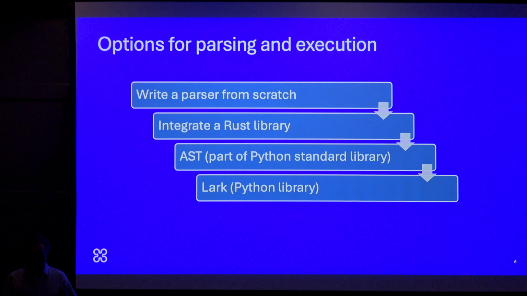Right? So here are the options we looked at for making this. So first of all, we could go and implement the language ourselves, right, from scratch. Second of all, we could integrate some kind of Rust library, which is fashionable these days and gives you a lot of performance.